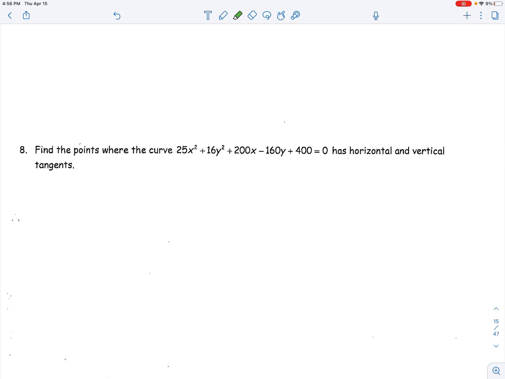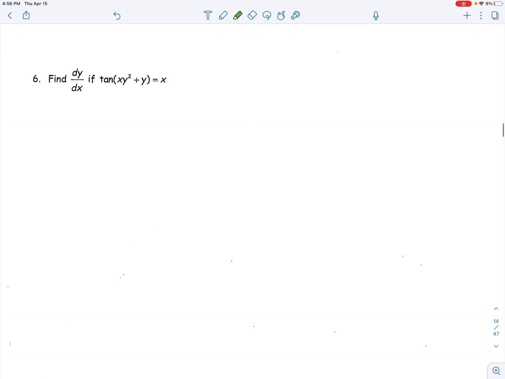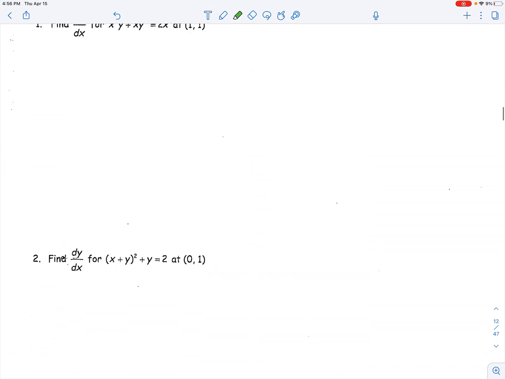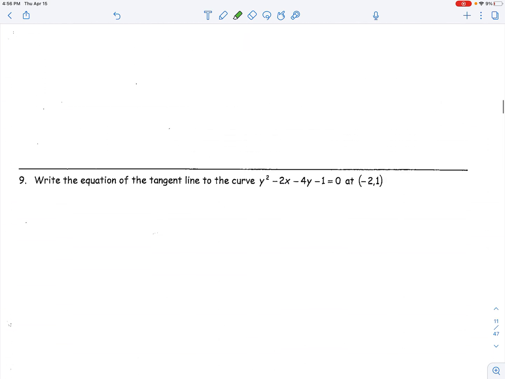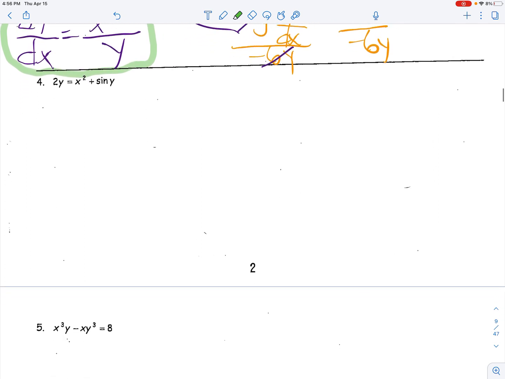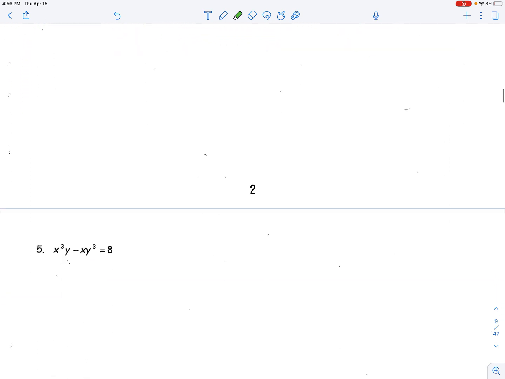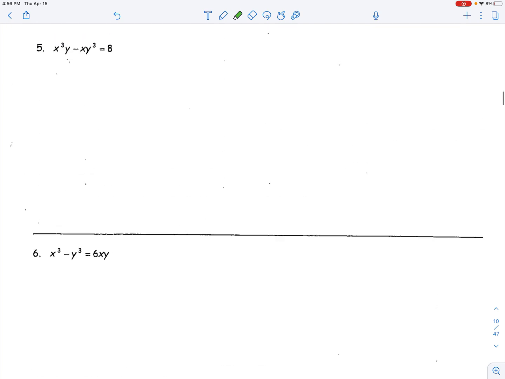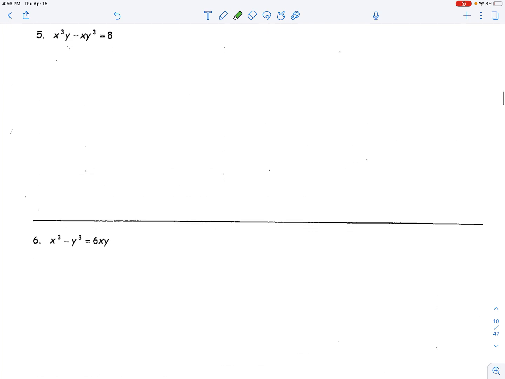So we're going to build upon this. It's not just examples of just finding the derivative. We will apply that here, such as this guy. This is a good one here, horizontal and vertical tangents. We'll get to that guy soon enough.